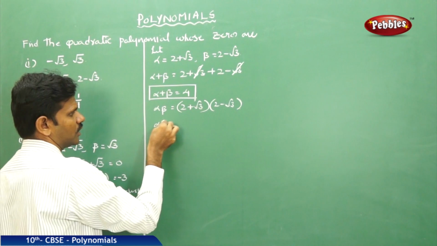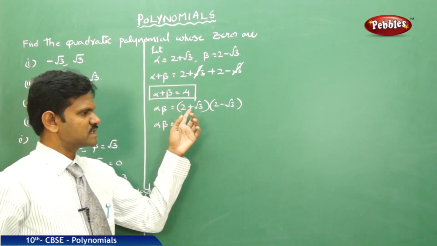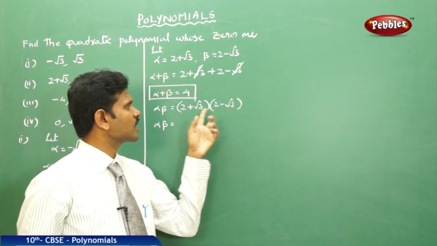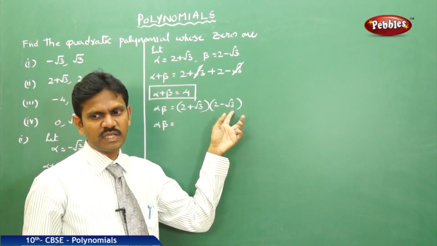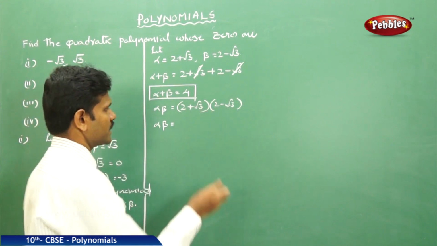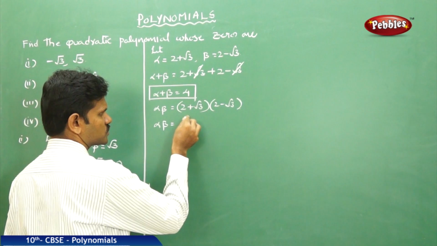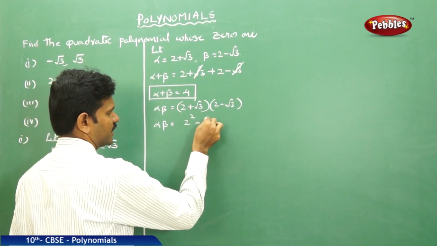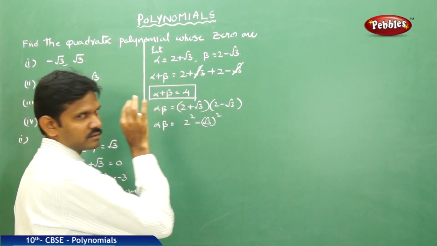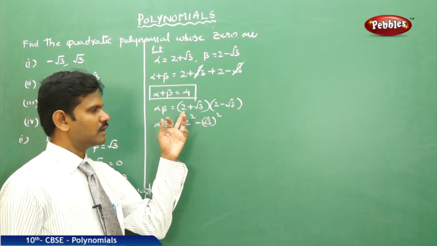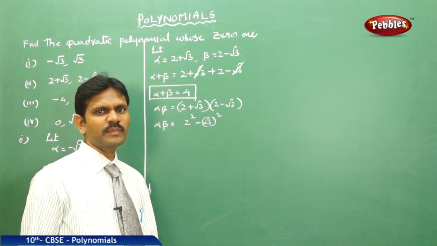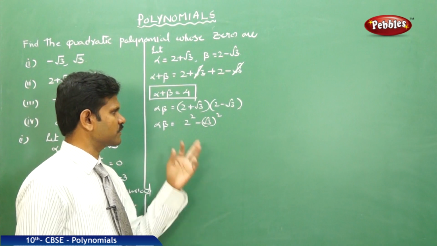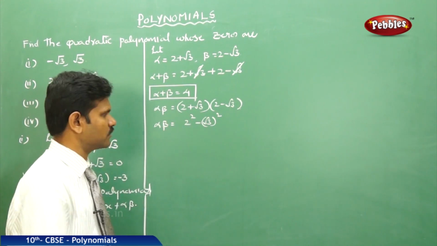Clearly it is of the form a plus b into a minus b, which gives a square minus b square, that is 2 square minus root 3 whole square.